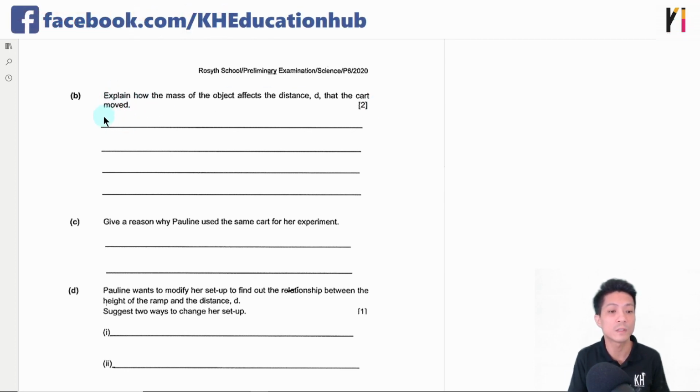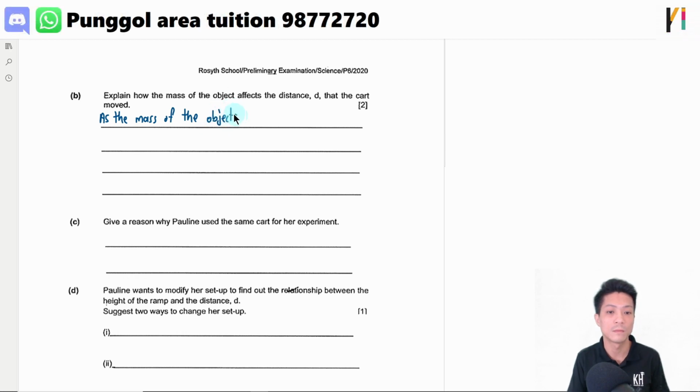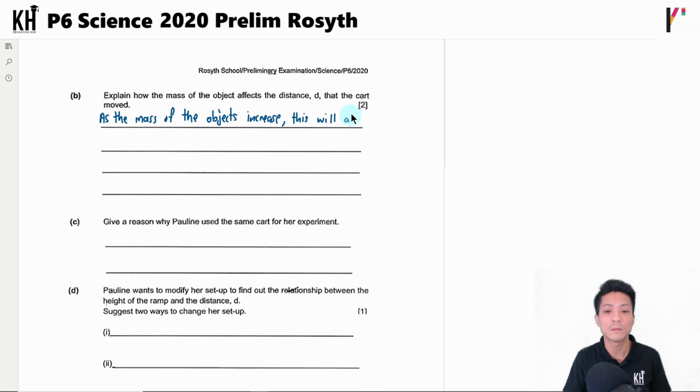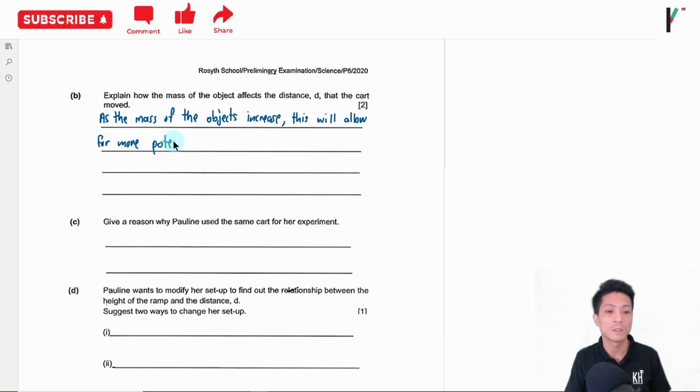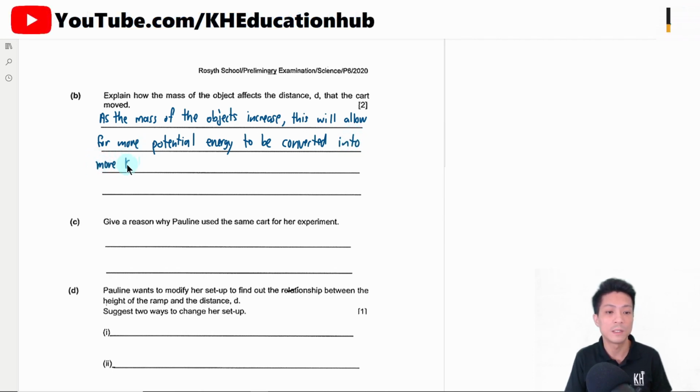Okay, so as the mass of the objects increase, this will allow for more potential energy to be converted into more kinetic energy.